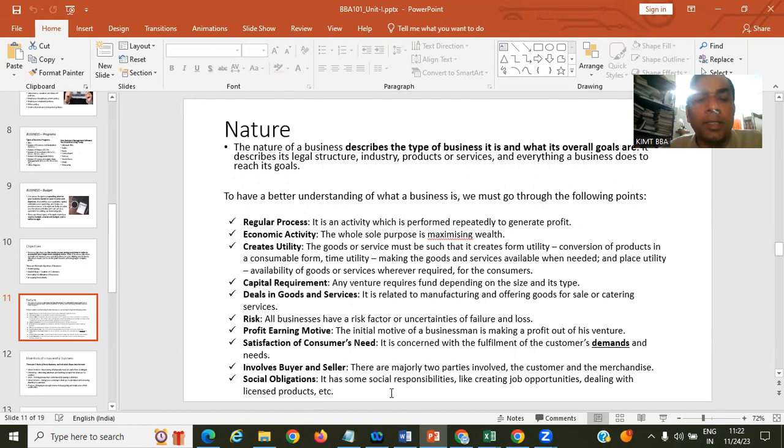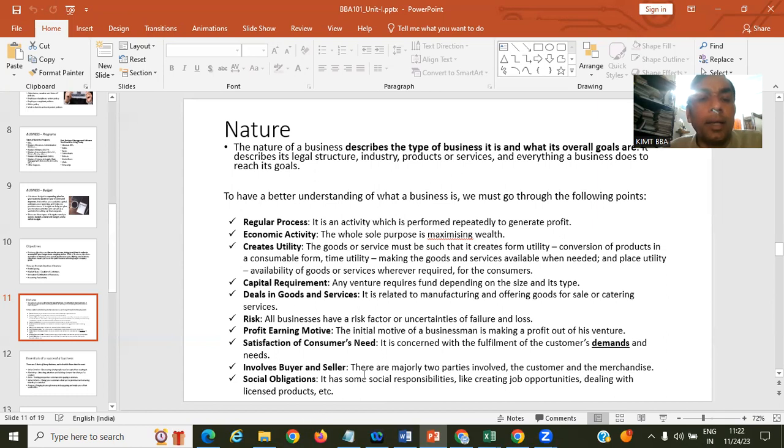Suppose you have a setup in your locality. In that locality, you have some social obligation. You give the local people jobs. That is one thing. And you maintain a park, you maintain a road, you clean the society. So these are the social obligations of that colony. So if you read the nature, if you think about any business, these are the natures.